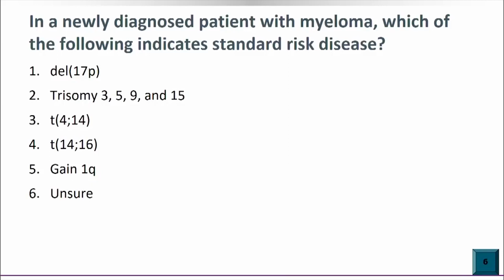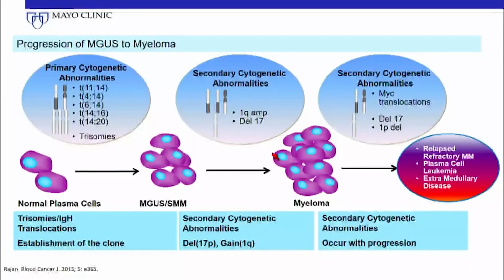Great. Almost everyone got this right. Well, not quite. 1/3 got some other answer. 70% got it right, which I hope. And then the second step is over a course of time, 1% of patients each year get something else. It could be a del17, it could be a 1q gain, it could be any number of different things which we are still not sure of, RAS mutations, MYC translocations.